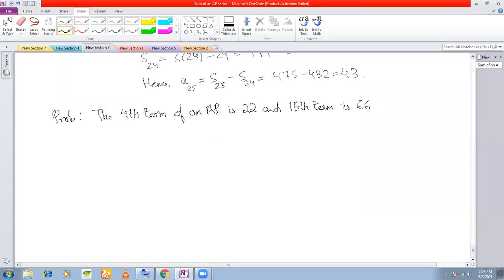Find the first term and the common difference. Now this part you can do very easily, right? Because you know the fourth term, you know A4, and you know A15. Hence find the sum of 8 terms of the AP.